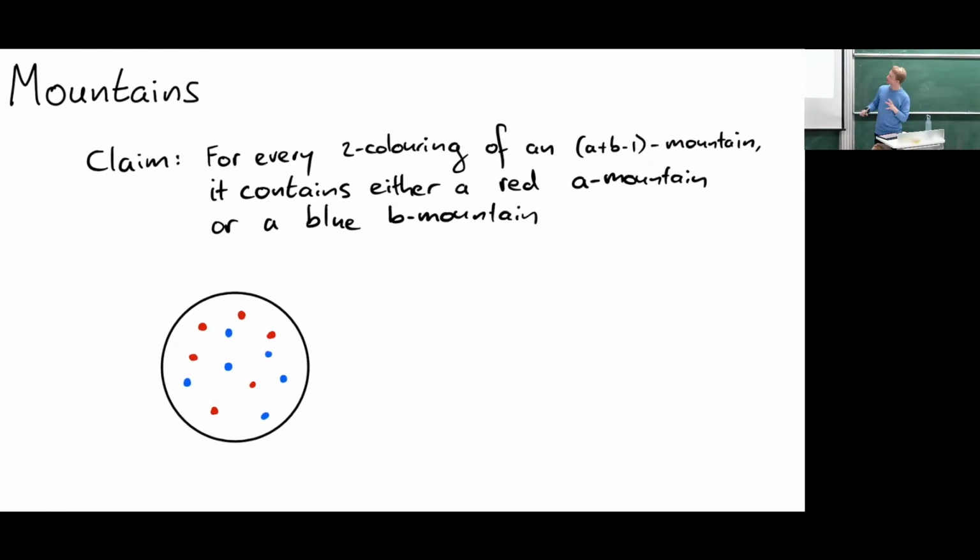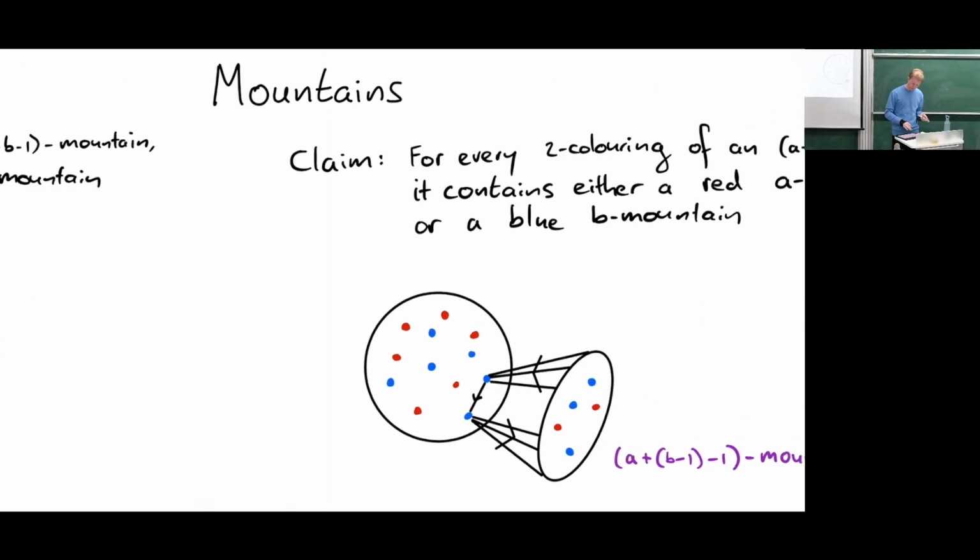Well, let's look at this clique such that any pair of vertices is joined by a heavy arc. And this clique is either going to have at least A red vertices or at least B blue vertices in any coloring. So suppose that there are at least B blue vertices.